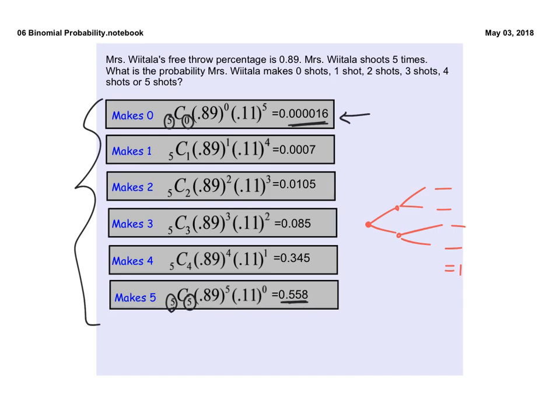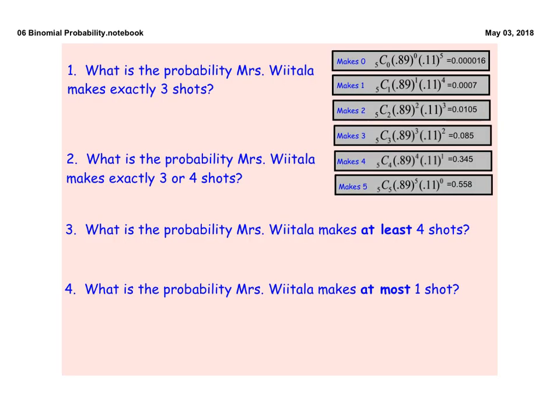Well, since we're dealing with situations similar to a tree diagram, if I take all of these numbers and add them up, it should equal 1. Now, do they actually equal 1? Maybe not because of the rounding I had to do with some of the decimals, but it should be really, really close to 1. Okay, again, because it's related to a tree diagram. So instead of watching me painfully calculate these over and over again, we're going to use these values here to discuss the next couple problems.